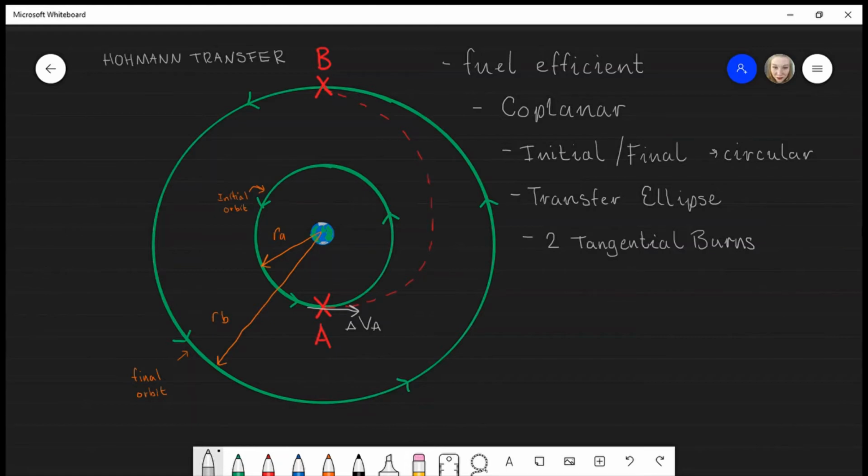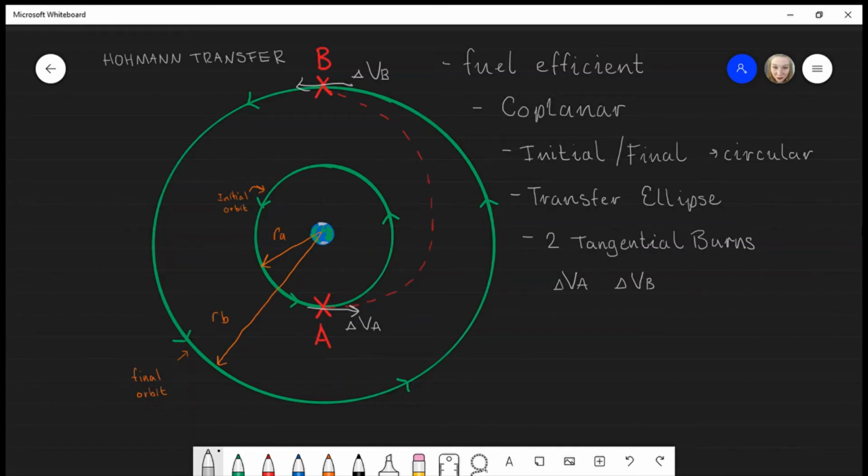We call this burn, the first burn, delta VA. The second burn occurs at point B. Again, an increase in velocity is needed to get from the transfer ellipse onto the final circular orbit. And we call this burn delta VB.